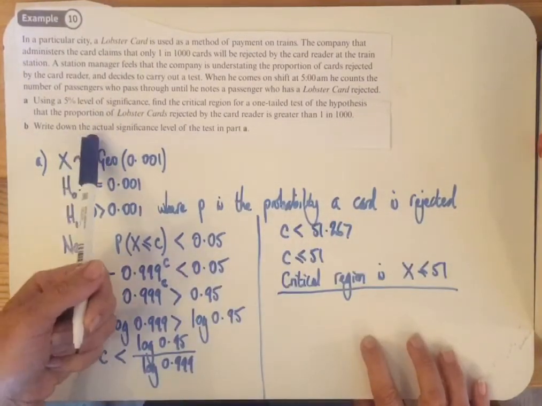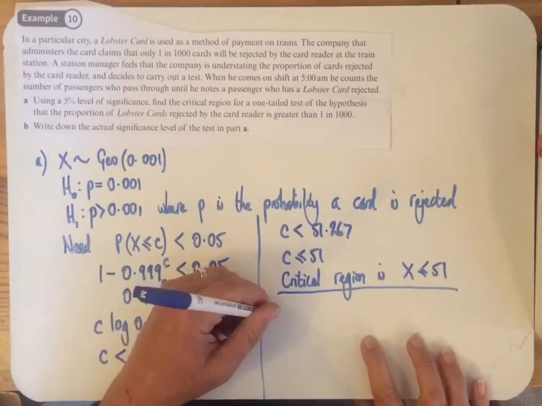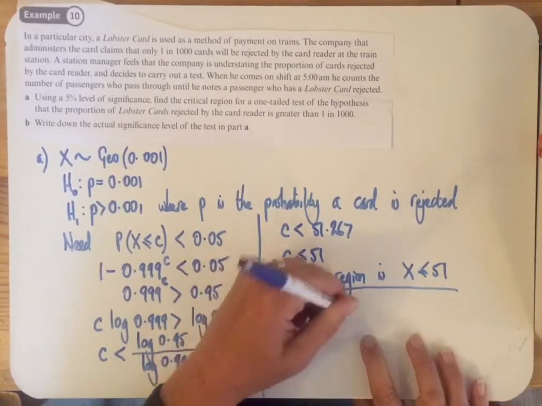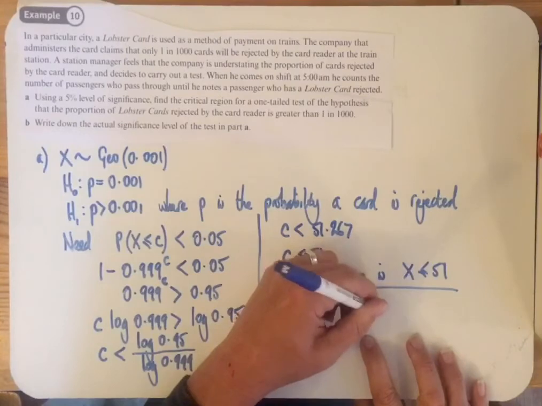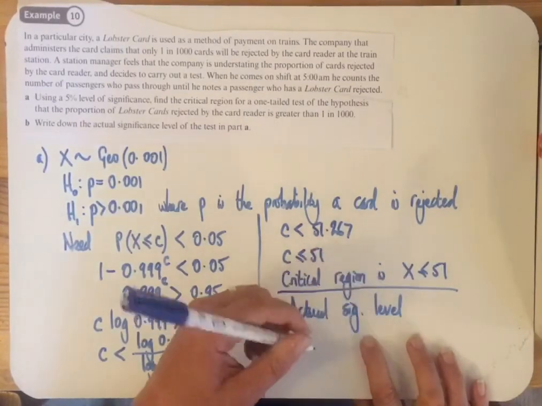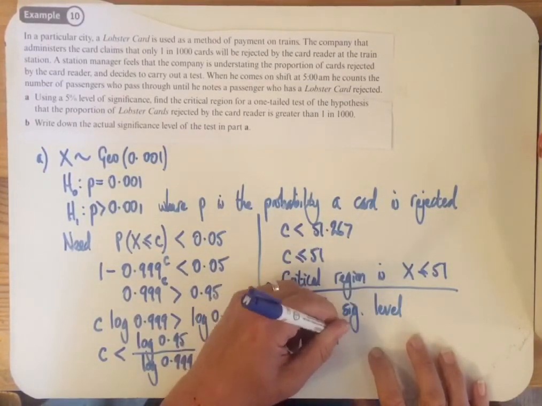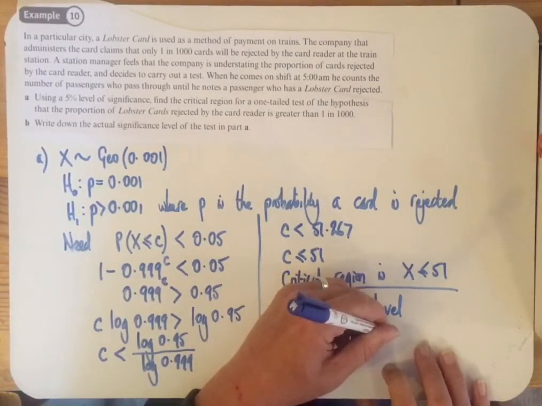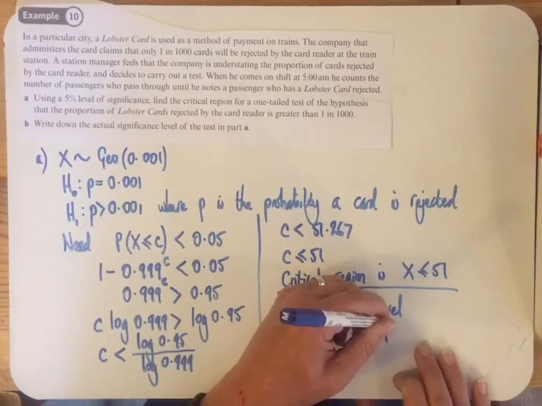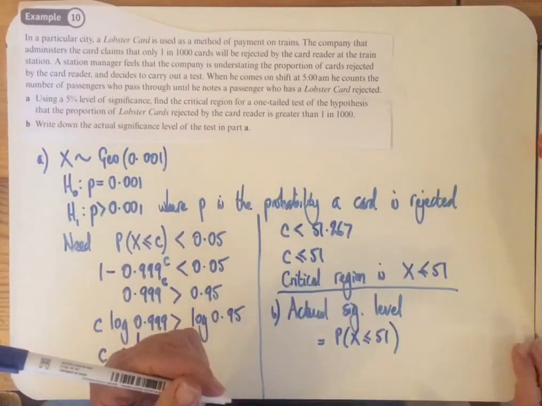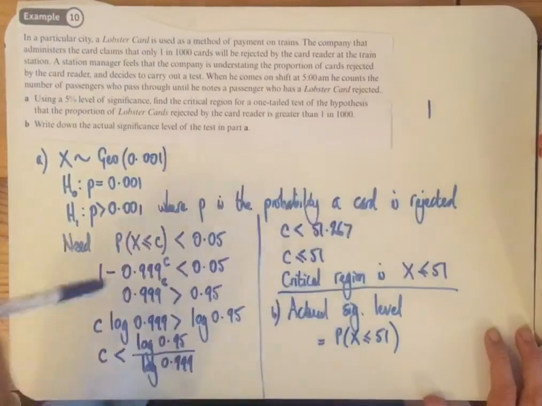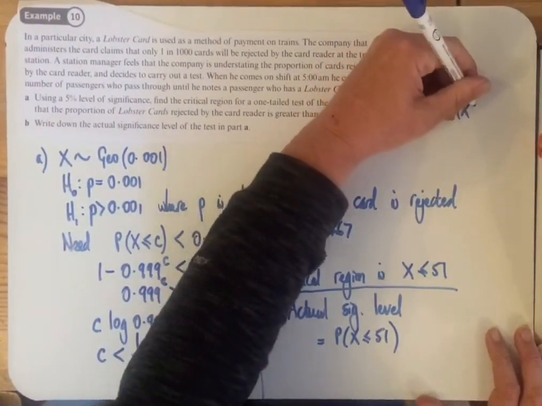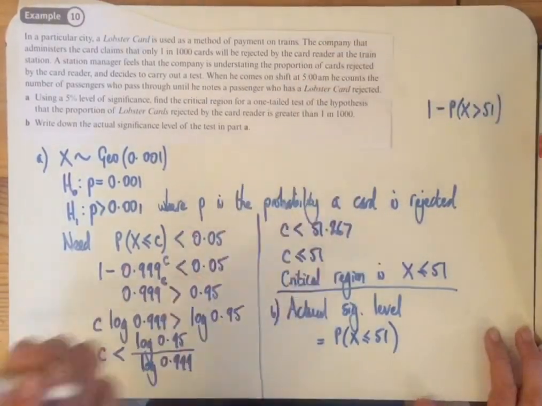And then to find the actual significance level, I want to find the probability that X is less than or equal to 51. So that's similar to what I had a minute ago, but that's 1 minus the probability X is bigger than 51.